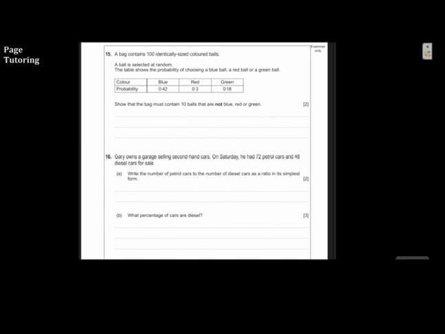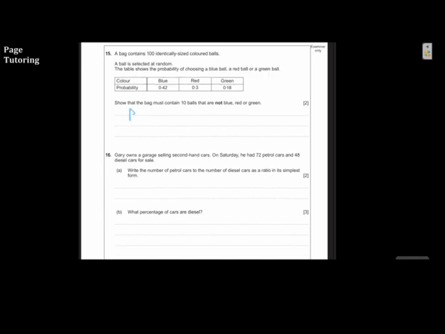blue, red, or green. Well, how can we show that? So we know it contains 100 balls, and we could figure out the amount of each one of these balls by timesing our probability of picking one by the total number of balls. But we should know the probability should add up to 1. So what we can do, we could add up the probability of getting each one of these balls.